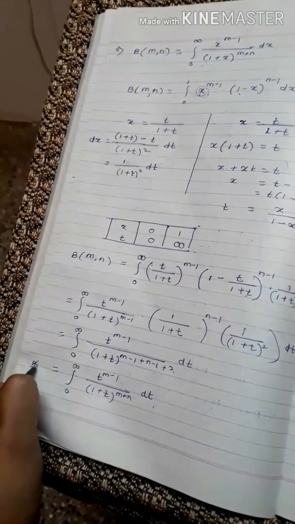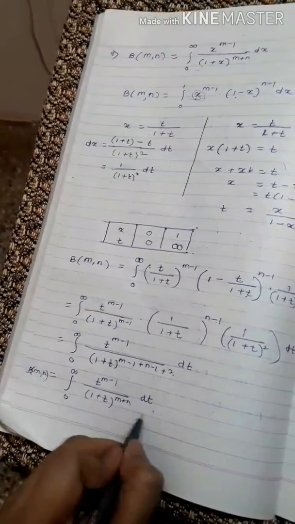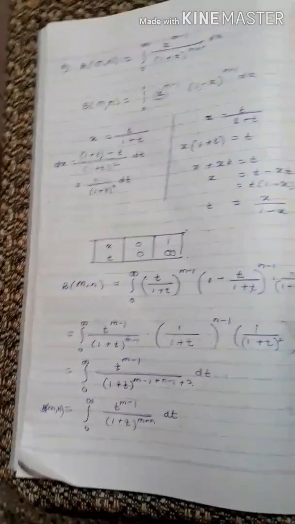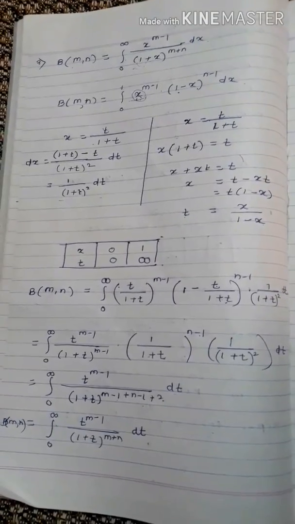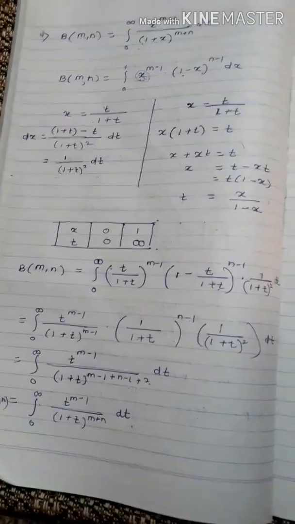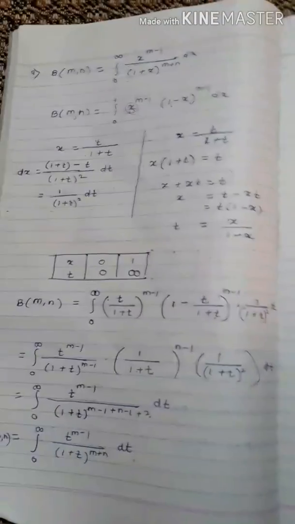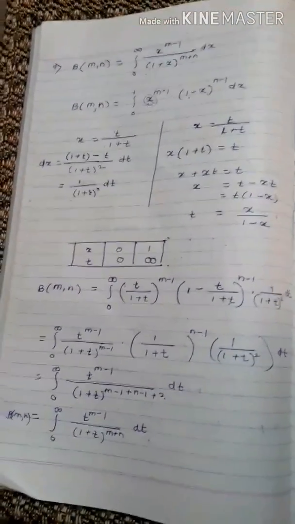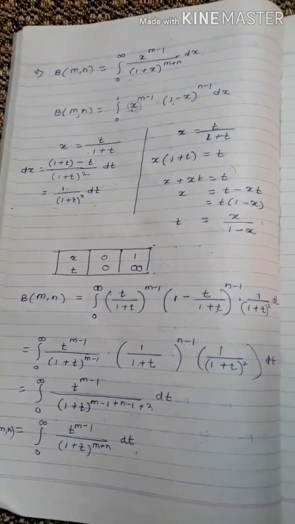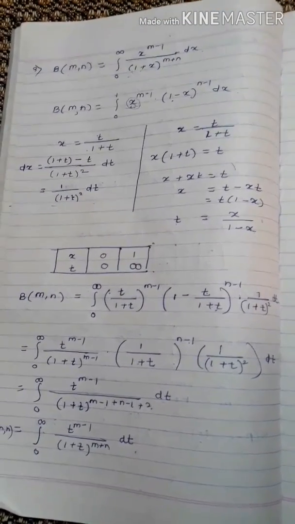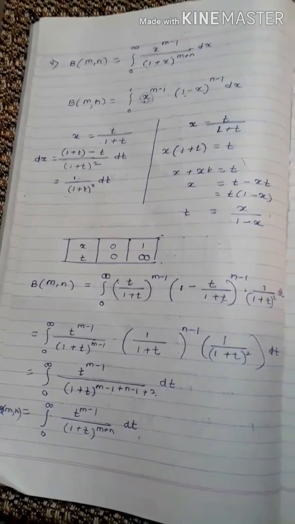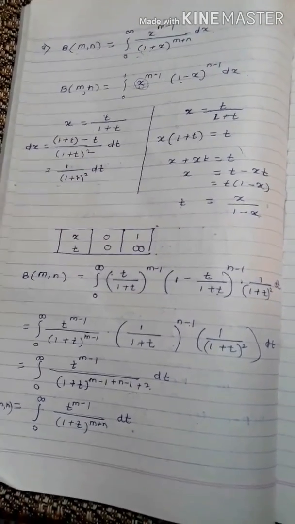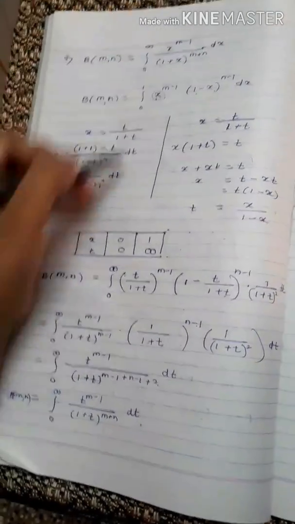So beta of m, n is equal to this with the new definition. So only the variable changes there, but it's allowed in integration. So whenever I have limits 0 to infinity, and the terms are x and 1 plus x in the denominator, in that case, while finding the solution of that integral, I am going to use particularly this definition of beta.